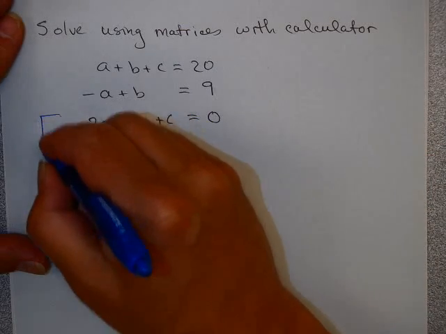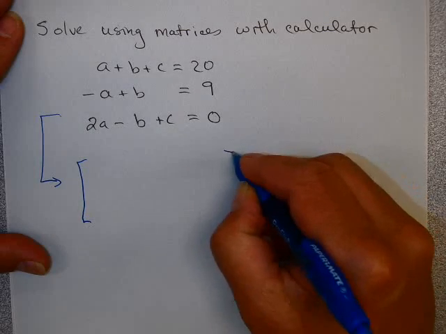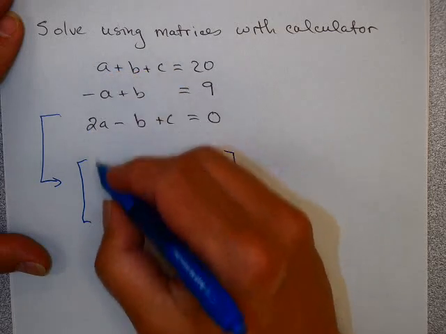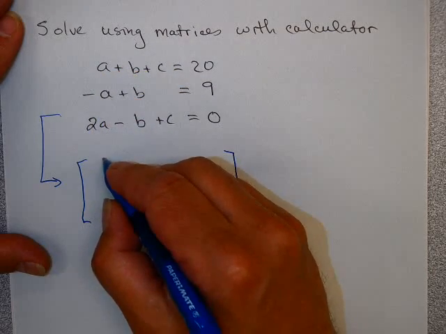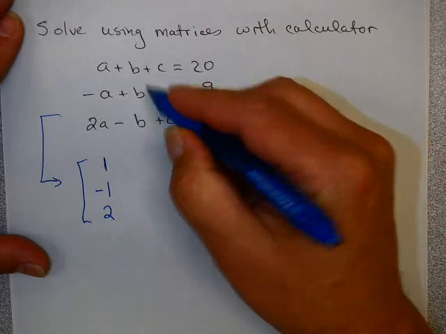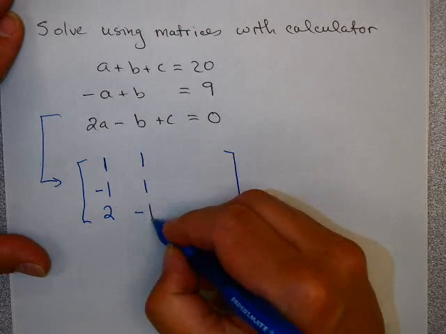So if you wanted to use this on a calculator, we're going to create something called an augmented matrix. And without going into too much detail, I'm going to ask you to put the coefficients, the number in front of A, in this first column. So this would be 1, minus 1, and 2. The numbers in front of B in this one, 1, 1, minus 1.